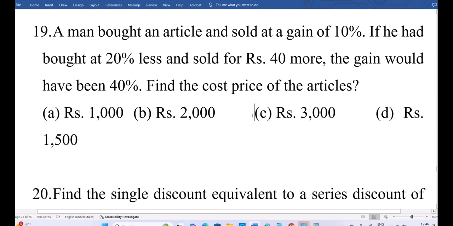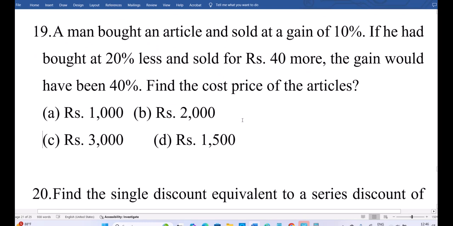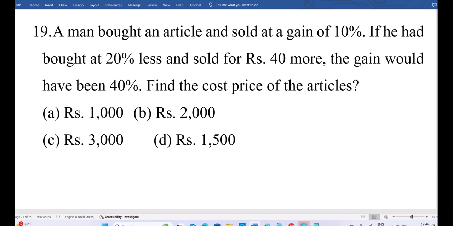Now this question, profit and loss. A man bought an article and sold it at a gain of 10%. If he bought it for 20% less and sold it for 40 rupees more, then the gain would have been 40%. Find the cost price of the article. Peak level question this is. You purchase for something, you sell for 10% gain.